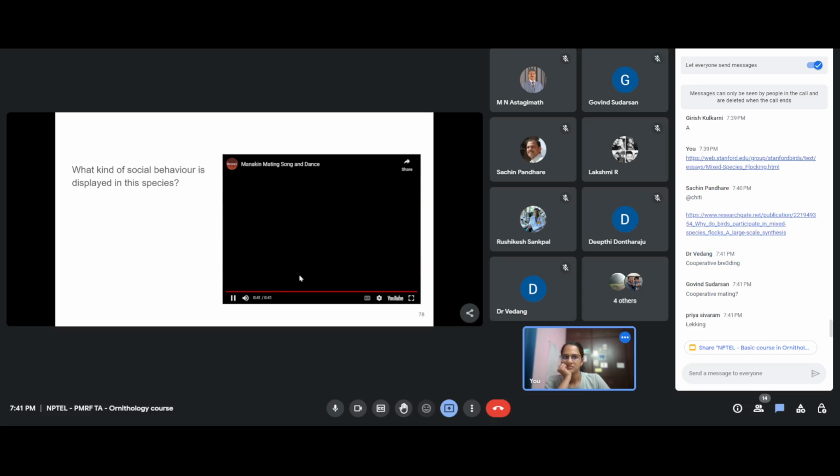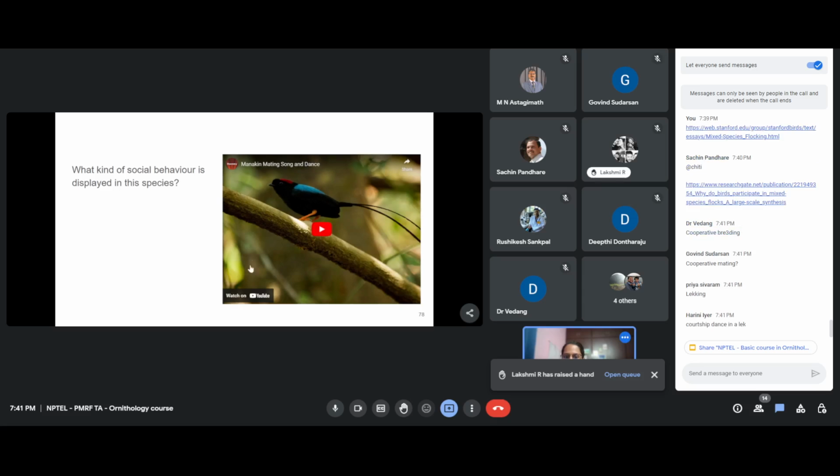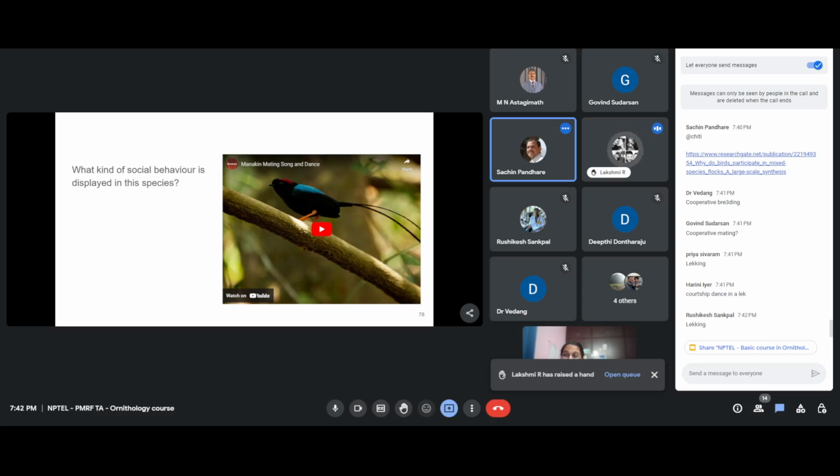Okay, so what's happening here? Courtship dance in a lek. Yeah, it's not a lek though. Two of the males are showing off for mating chances, and the one which is showing off better, the alpha one, gets to mate.